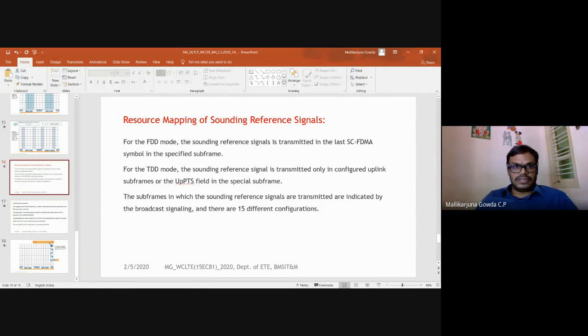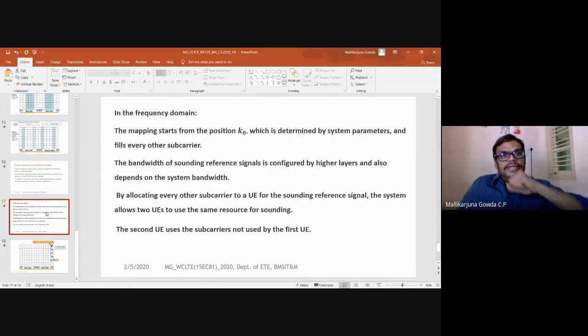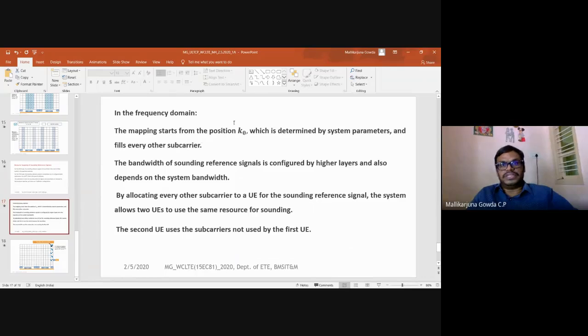The subframes in which the sounding reference signals are transmitted are indicated by the broadcast signaling. There are 15 different configurations, and what I have shown is only one. The mapping starts from the position K0, which is determined by the system parameters, and the bandwidth of the sounding reference signal is configured by the higher layers and depends on the system bandwidth.